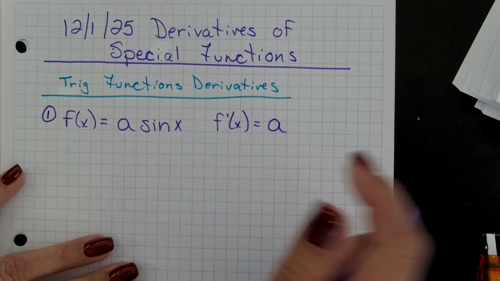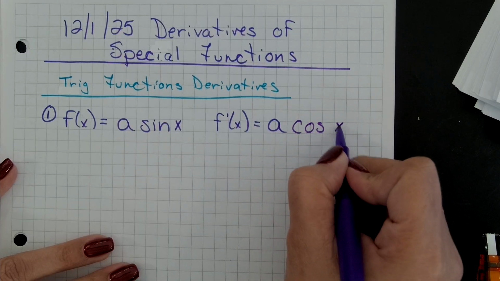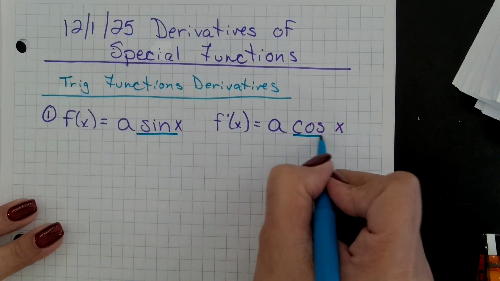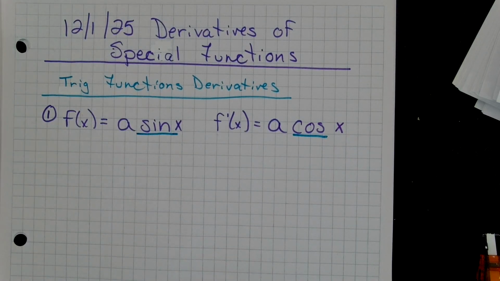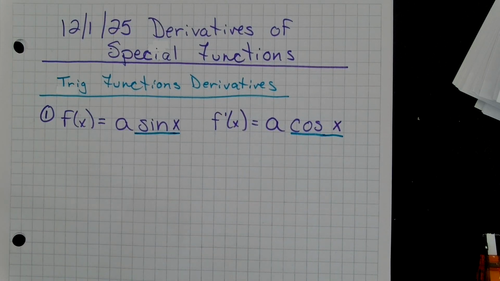What changes for this one is your trig function. So instead of sine, it becomes cosine. The coefficient does not change. Remember, you will be given the derivatives. You don't have to memorize them. You just have to know how to use them.